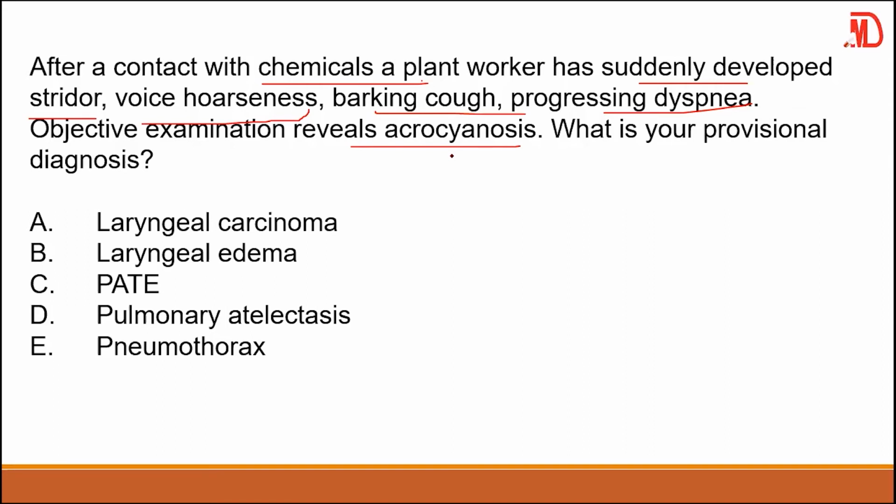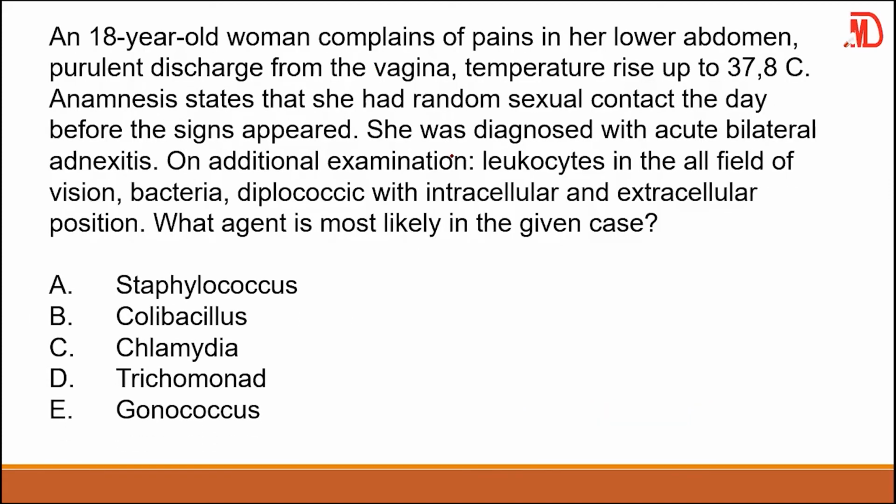Over here, we are looking at laryngeal edema, and again, we have done it. So let us not get confused. An 18-year-old woman complains of pain in her lower abdomen, purulent discharge from the vagina, temperature 37.8. Analysis states that she had random sexual contact.